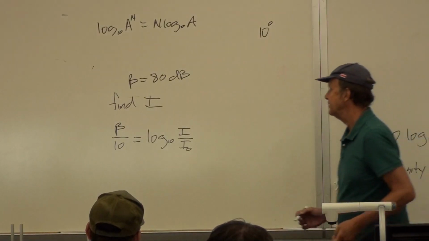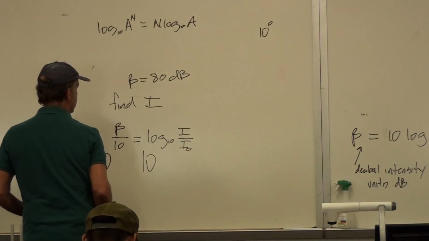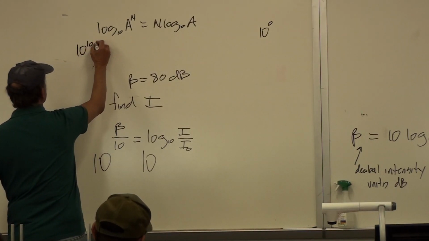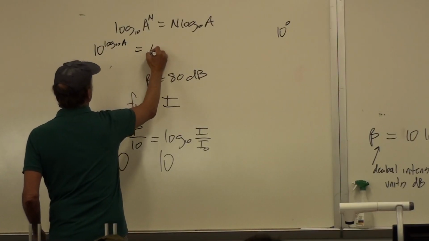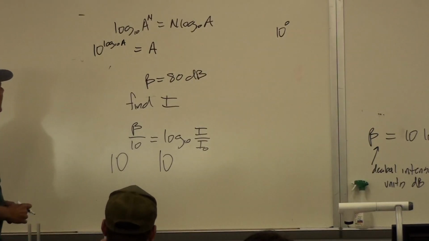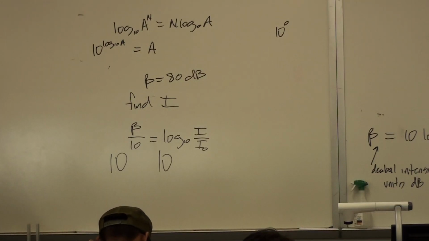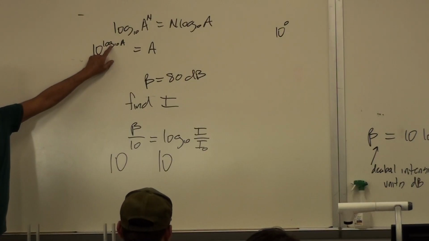Exponentiate. Okay, so we raise it to a power of 10, because 10 to the base 10 logarithm of A is just equal to A. And so by exponentiating, we've undone the damage that you did by taking the logarithm.